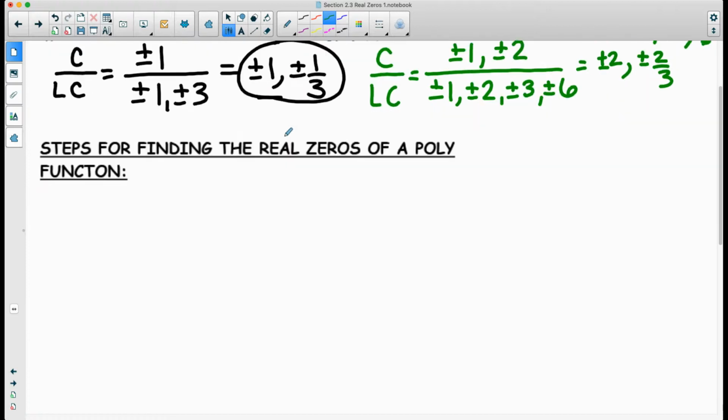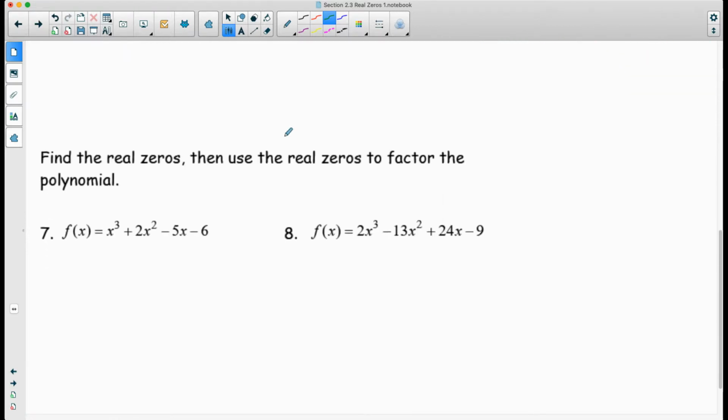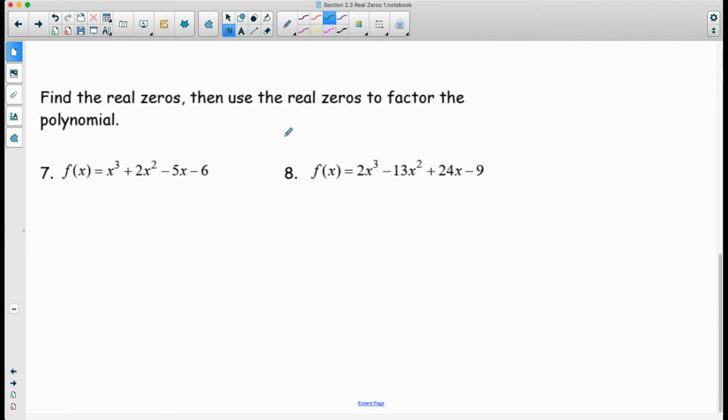Okay, so let's find all these actual zeros.